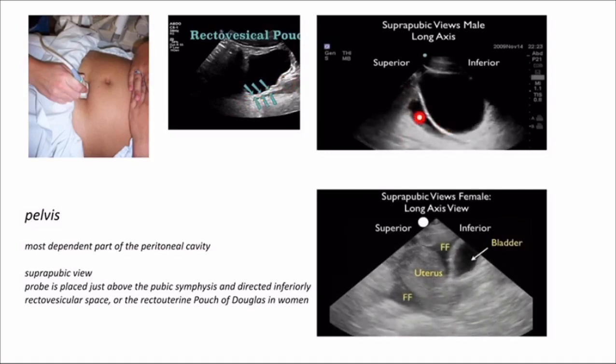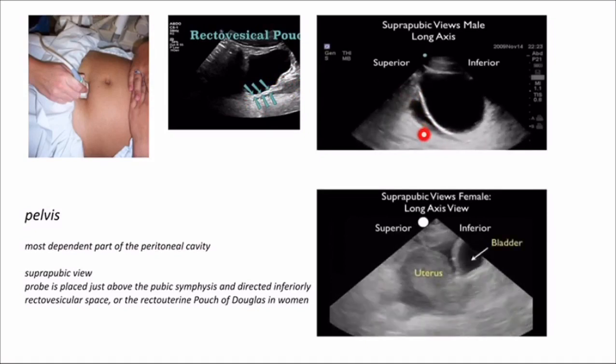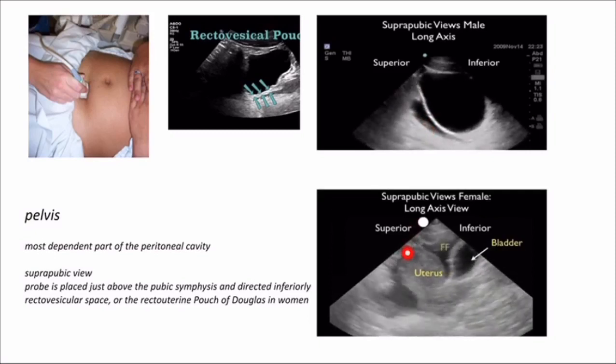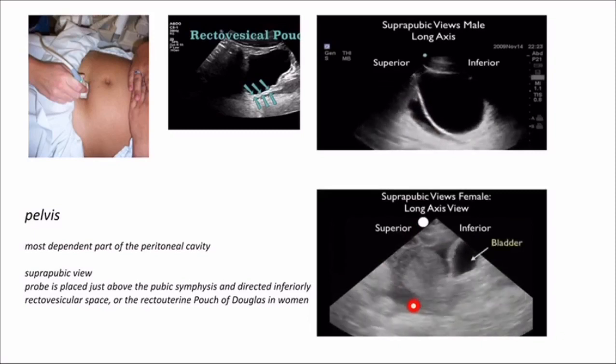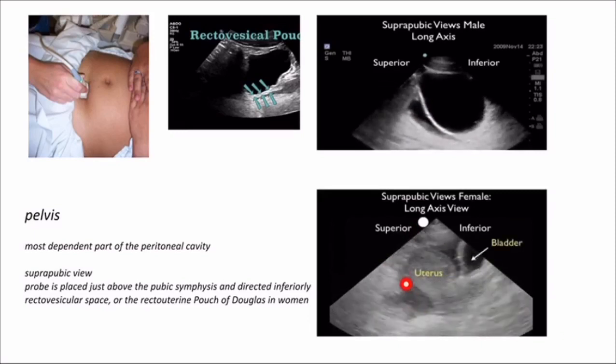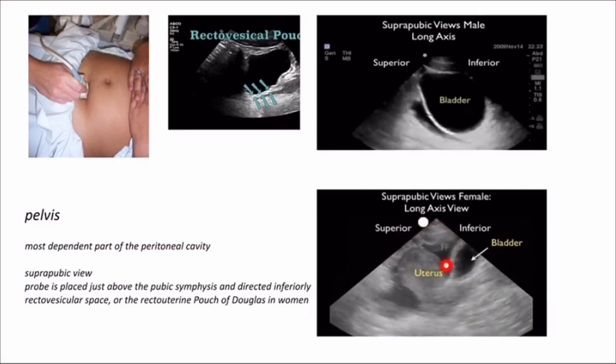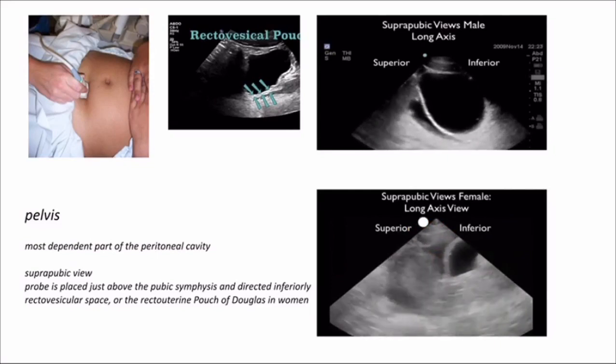This is an example of a positive FAST examination, wherein there's an anechoic fluid collection in the rectovesical pouch in the male and the pouch of Douglas or cul-de-sac in the female. You'll notice if the fluid volume is increased, it may involve the anterior portion of the uterus, as in this case.